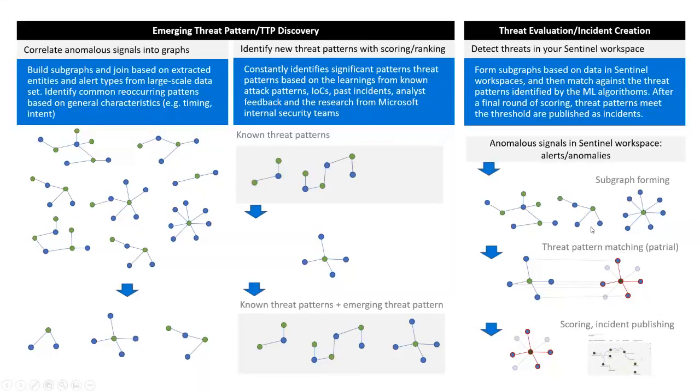Once these threat pattern candidates are identified, we apply a final round of scoring. Based on the results from this round of scoring, the threat patterns that meet our threshold for publishing are triggered as high severity incidents in your workspace. So the example we shared earlier is an incident triggered after these phases.